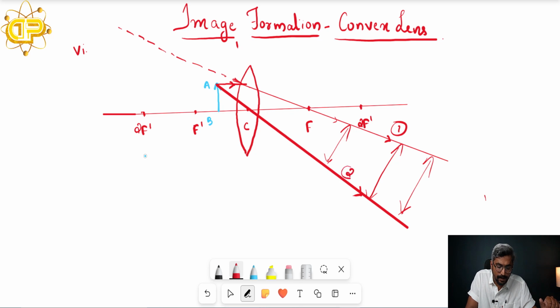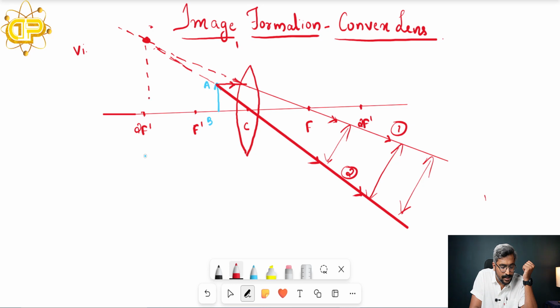And I'm extending my second refracted ray also, then I can see that they are also moving and moving. And somewhere here they meet. It feels that they are meeting, or it feels that from this particular point, these two refracted rays are coming out. So we are saying that at this particular point they are meeting.